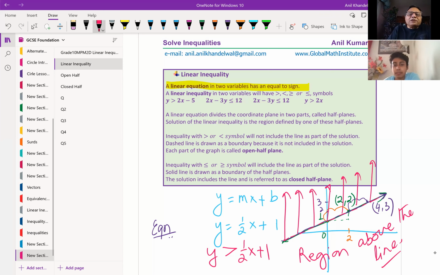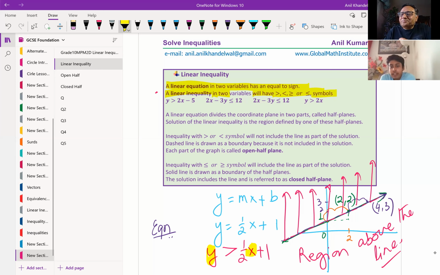Yes, sir. Okay. So now that brings us to what is a linear inequality. A linear inequality in 2 variables. So we have 2 variables, one is x, the other one is y. The linear inequality in 2 variables will have these signs, correct? In between, they will not have just equal to. They may have greater than, less than, greater than or equal to, or less than or equal to symbols.